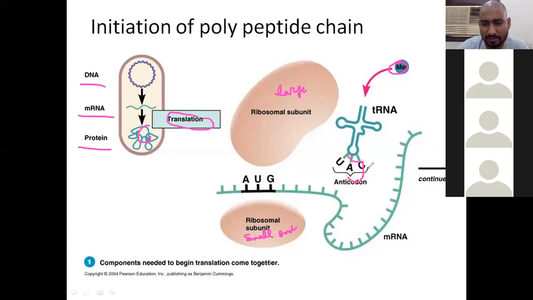That is the charged tRNA. Now it is not bound, but when methionine binds at the acceptor end of the tRNA molecule, the tRNA behaves as a charged molecule, and it is involved in the translation mechanism. Next step you can see.